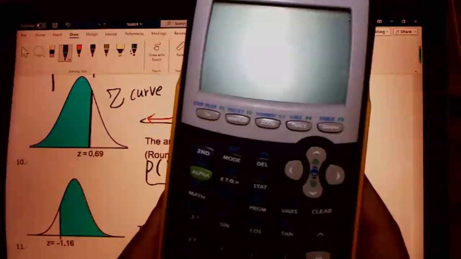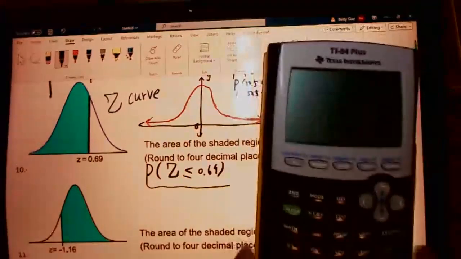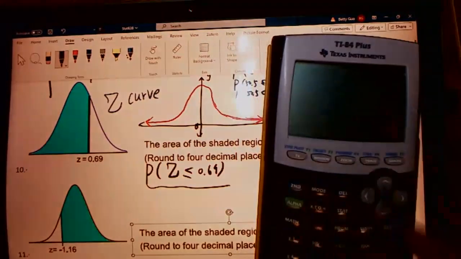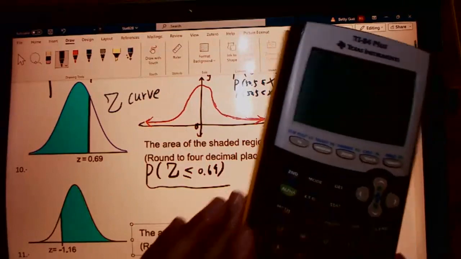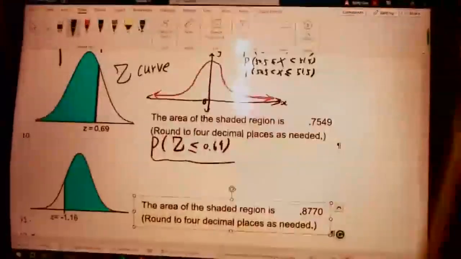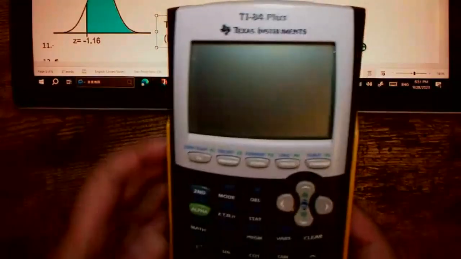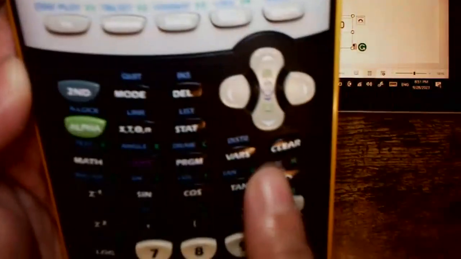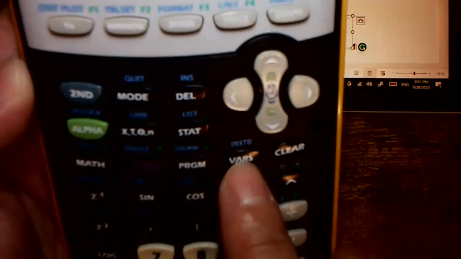In your TI-84 calculator, go to second, similar with the binomial. Second is here, VARS is here.